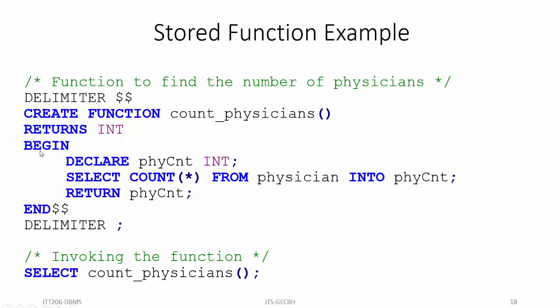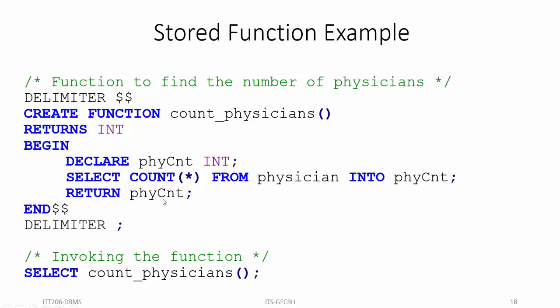Then all the statements are written inside BEGIN and END, and inside that we will declare a variable phycnt, which is physician count, of integer type, and then we will write the statement select count(*) from physician into phycnt, that is, it will count the number of physician records and that value is substituted in this particular variable, phycnt.